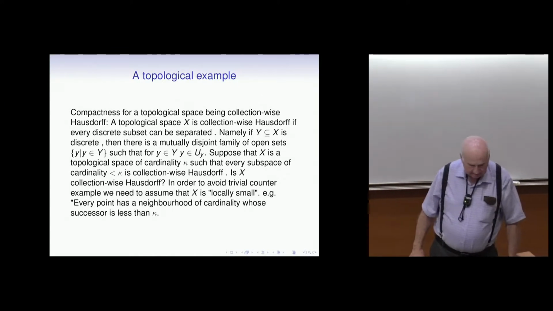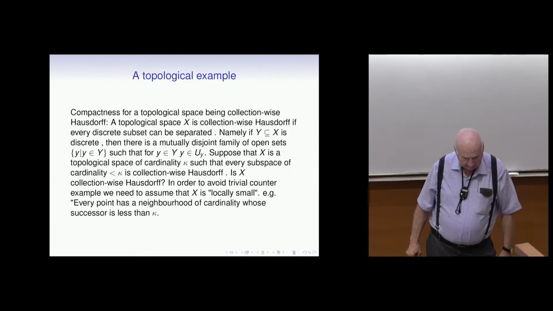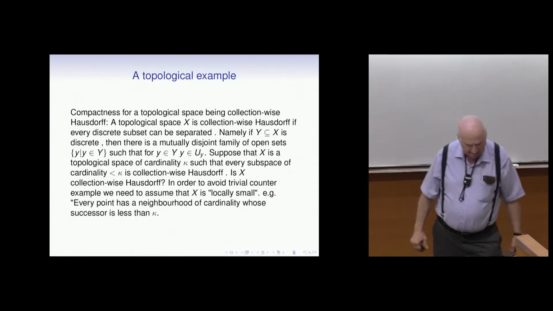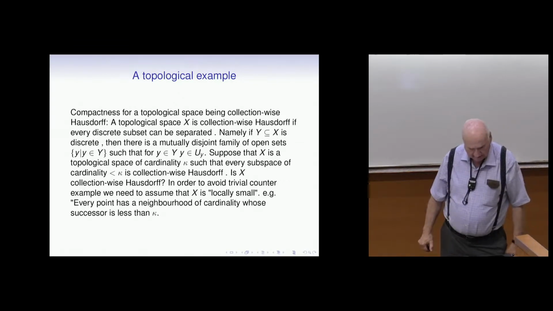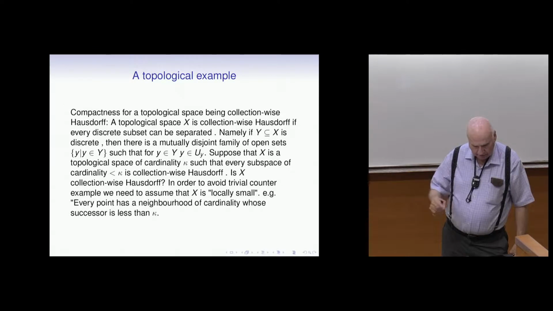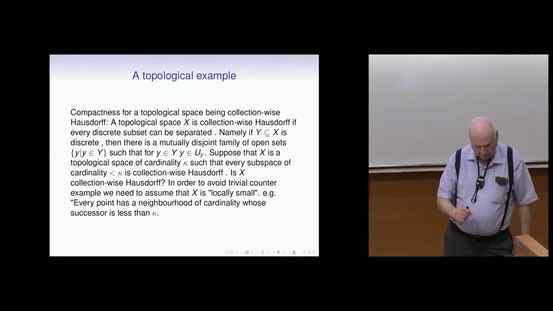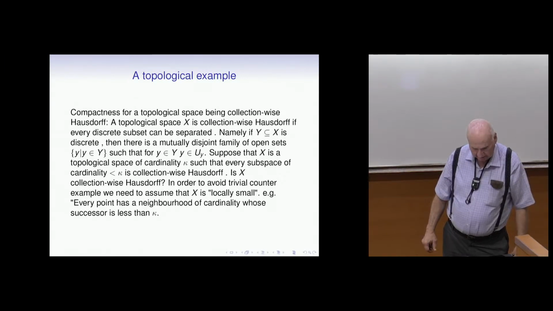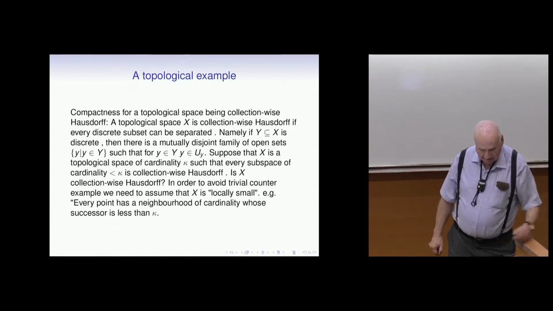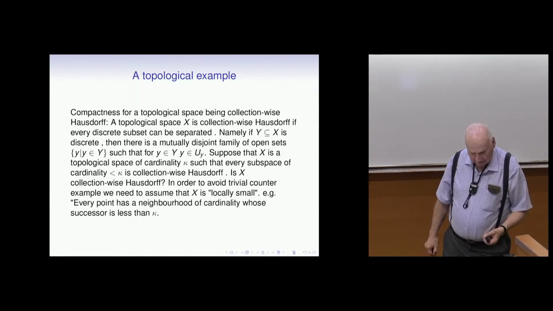And now suppose that, here is the statement: if Y is a discrete subspace of X, then there is a mutually disjoint family of open sets, where each individual member of Y has its own open set, such that they separate the whole thing. And suppose that X is a topological space of cardinality kappa, so that every subspace of cardinality less than kappa is collection-wise Hausdorff.